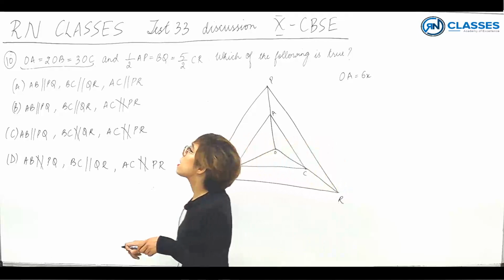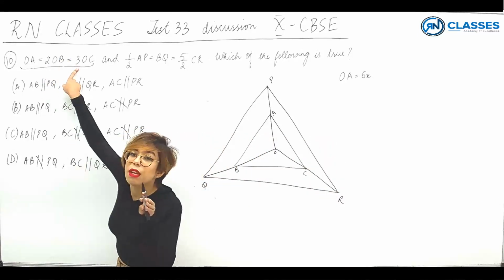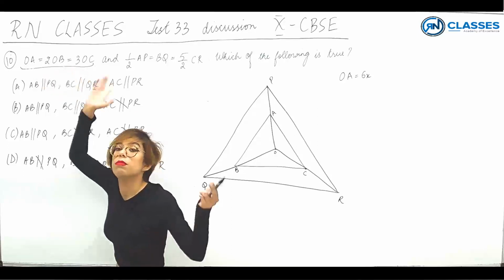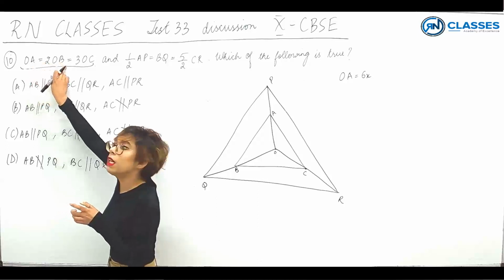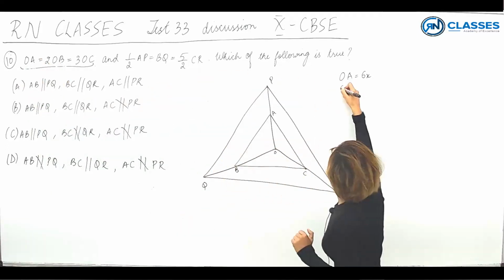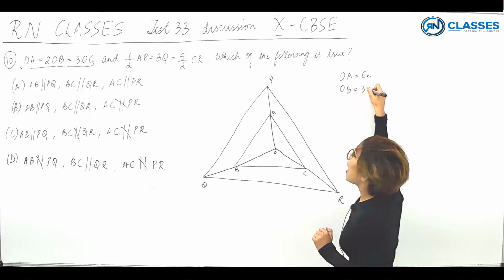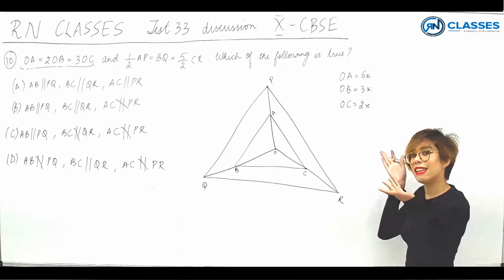Why 6x? Because here there is 2, here there is 3. A number which is a multiple of 2 and 3, that means 6. I mean, the least number. So, if OA is 6x, OB will be 6x by 2, which is 3x. OB is 3x. And I can say that OC is 2x. No fraction. I like that.